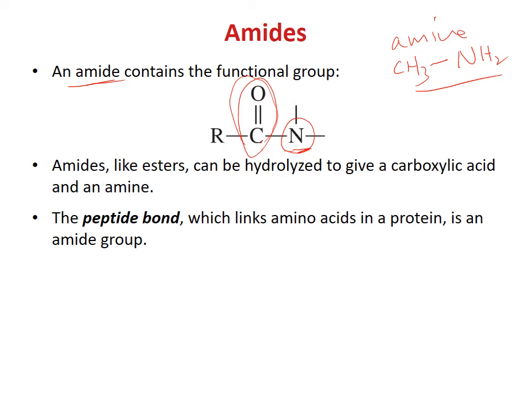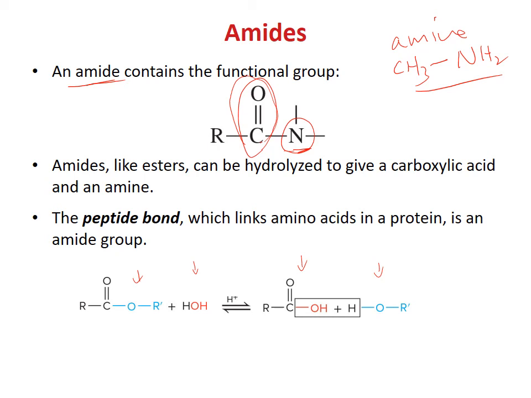Amides, like esters, can be hydrolyzed to give a carboxylic acid and an amine. So here shows the hydrolysis of an ester. So the ester with water goes back to a carboxylic acid and alcohol.